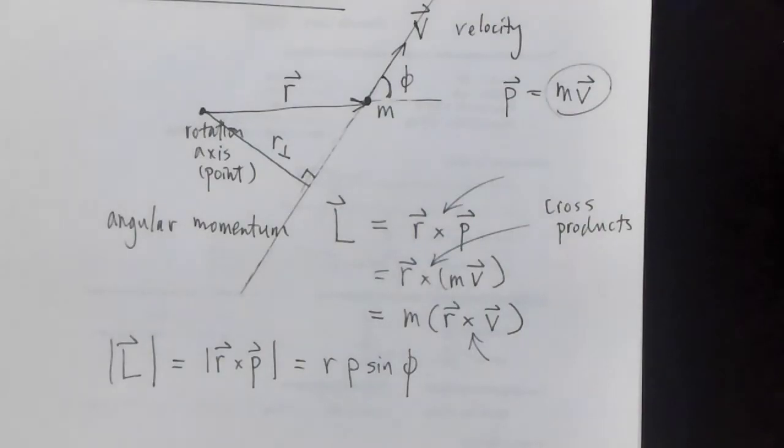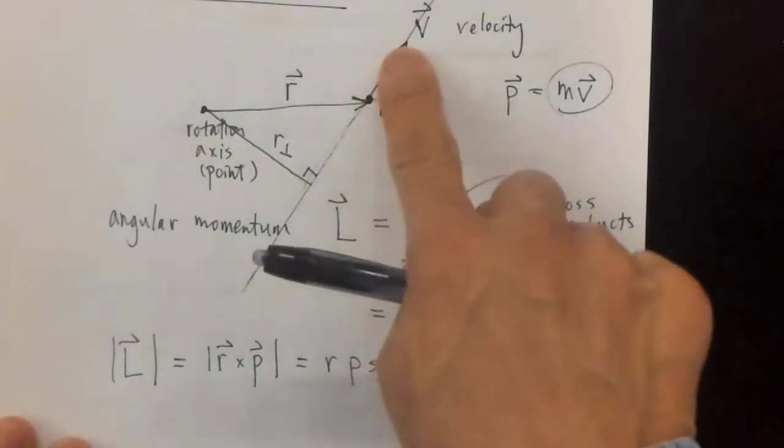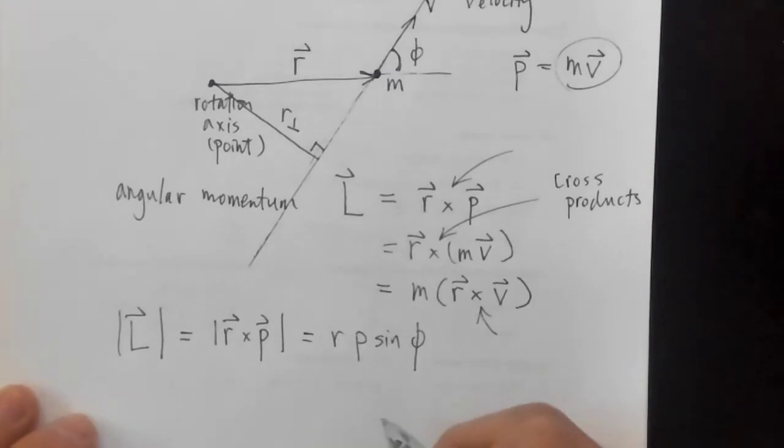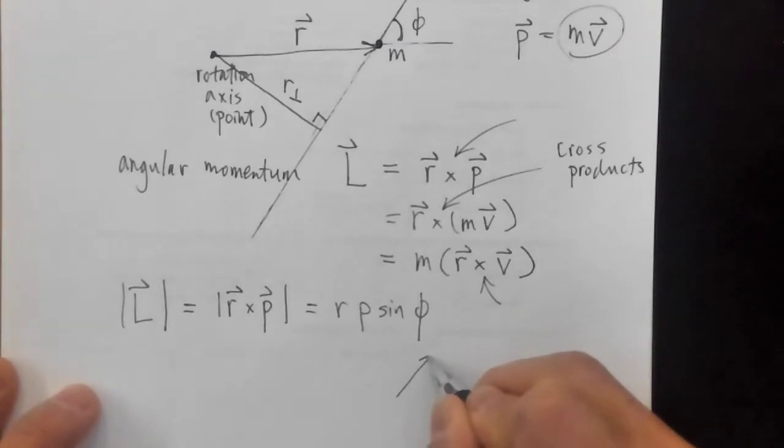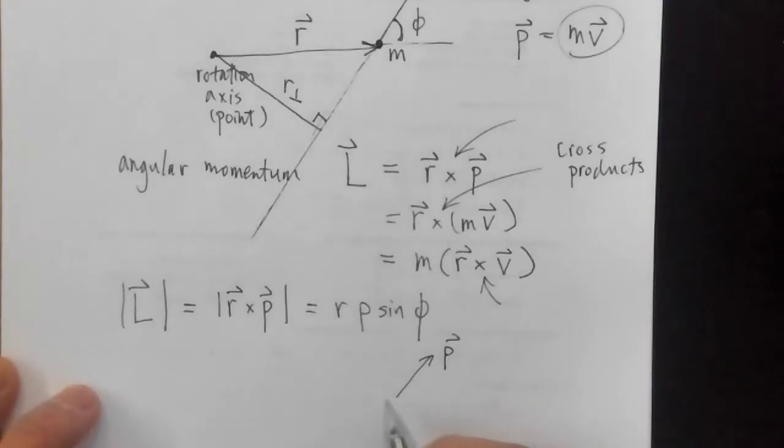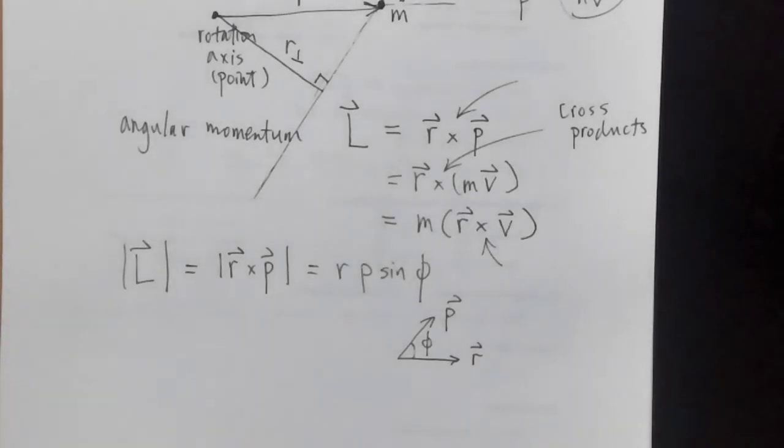Remember, p is pointing in the same direction as v. So if I have this is my p, and this is my r, phi will be the angle between the p and the r. Any questions about this?